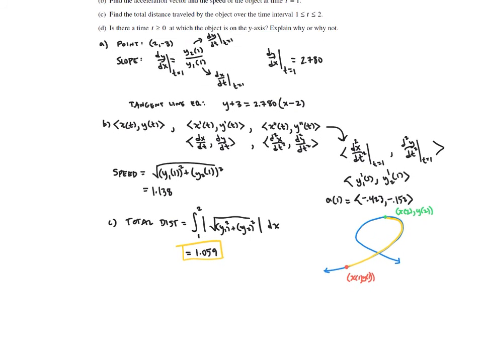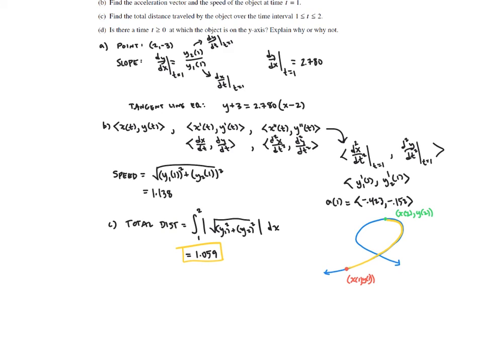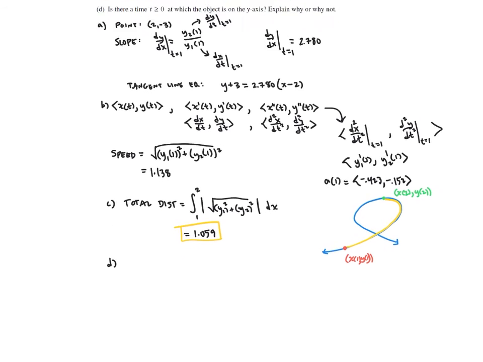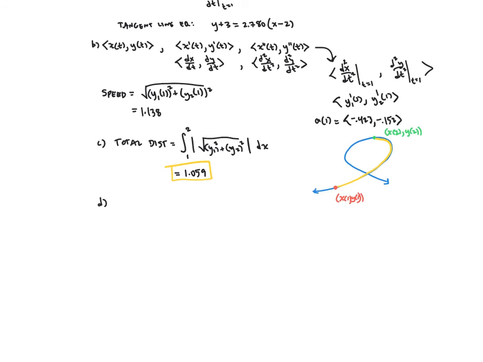Okay, let's look at part D. Part D says, is there a time when t is greater than or equal to 0, which the object is on the y-axis? So on the y-axis, what does that mean? Well, on the y-axis implies that at some point x of t is equal to 0.